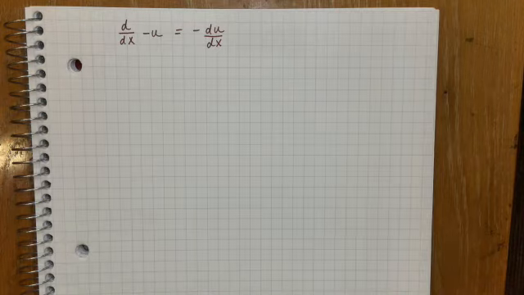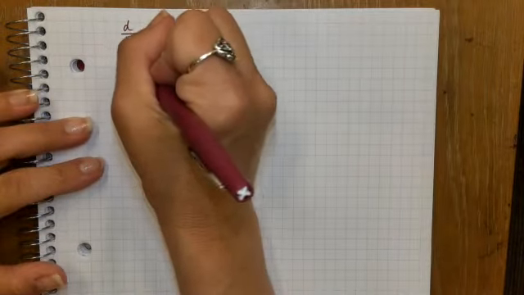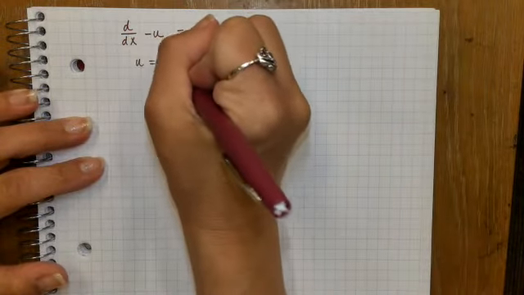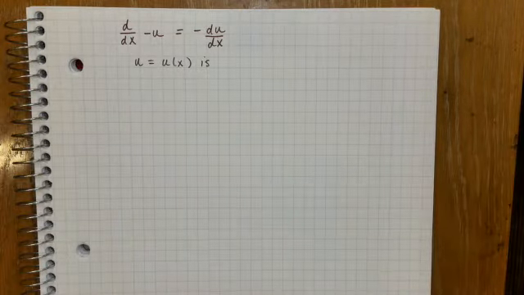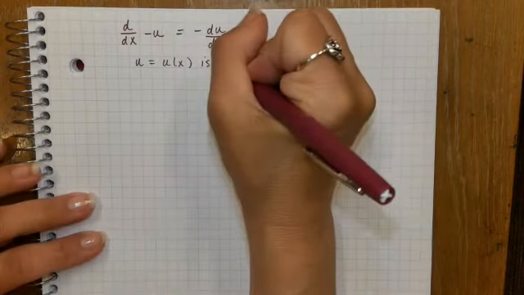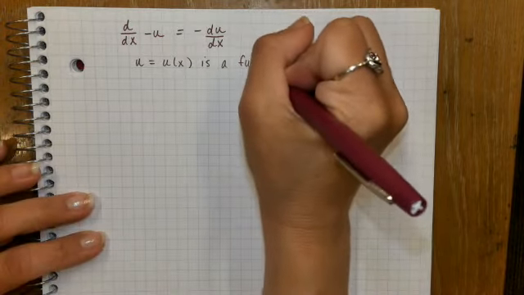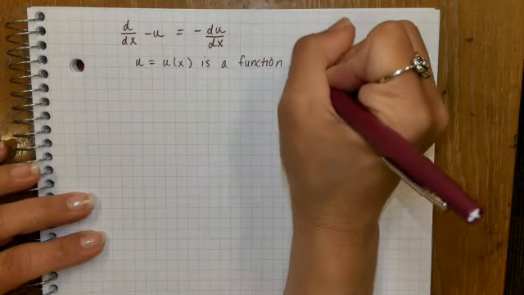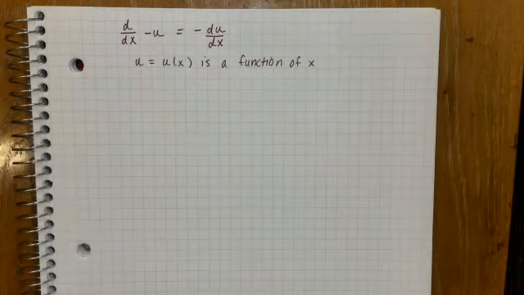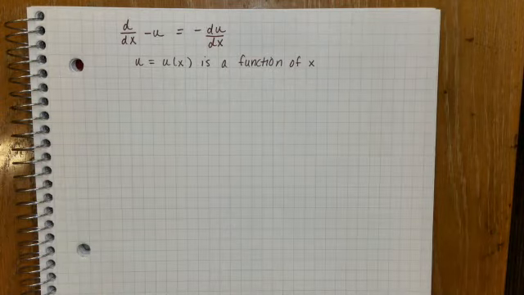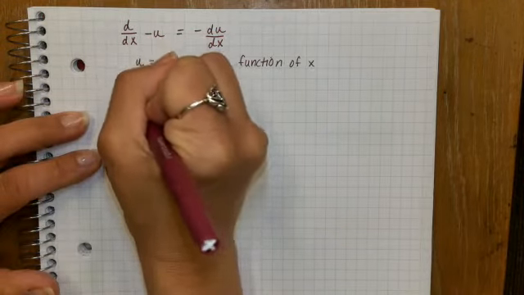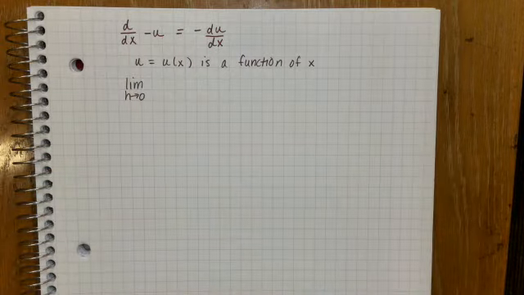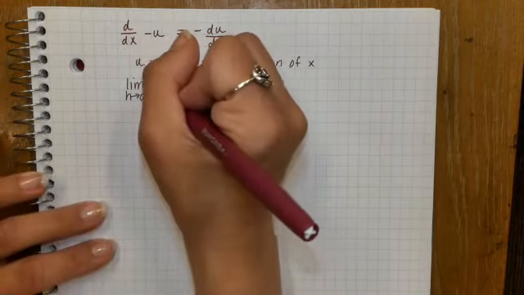So let's start by u equals the u of x. This is just a function of x. That's all that is. It's just a function. Okay, so let's plug into our limit equation. So the limit as h approaches 0 of the f of x plus h.